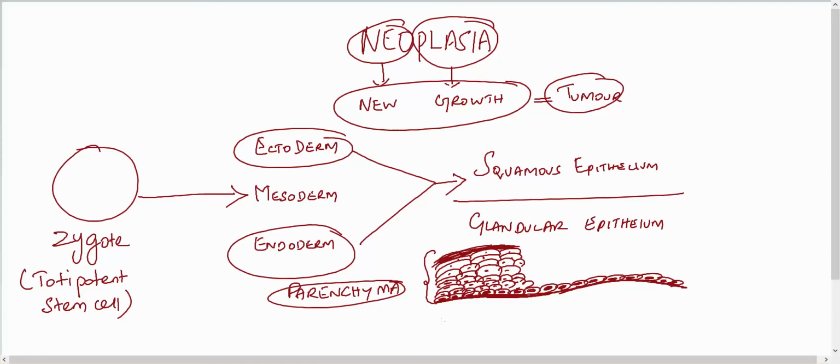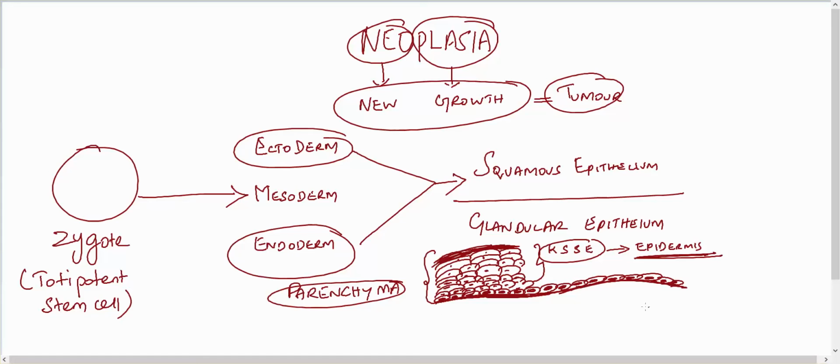This epithelium is called keratinizing stratified squamous epithelium, and it is called epidermis. The epidermis has other structures, but now you understand about the keratinizing stratified squamous epithelium.